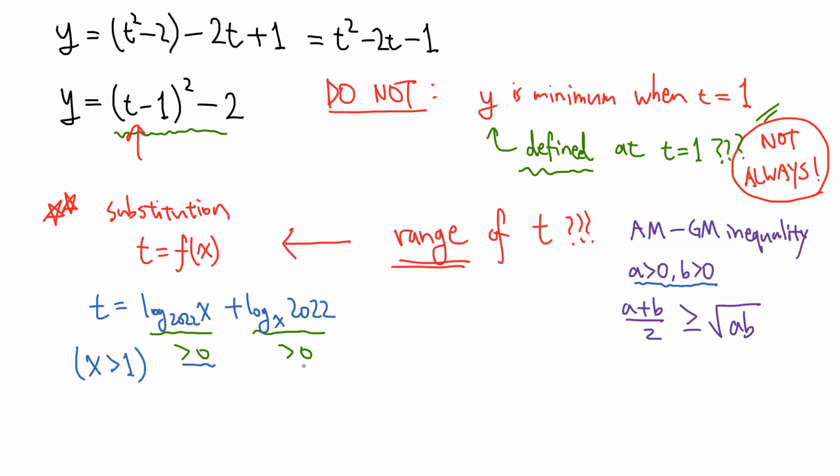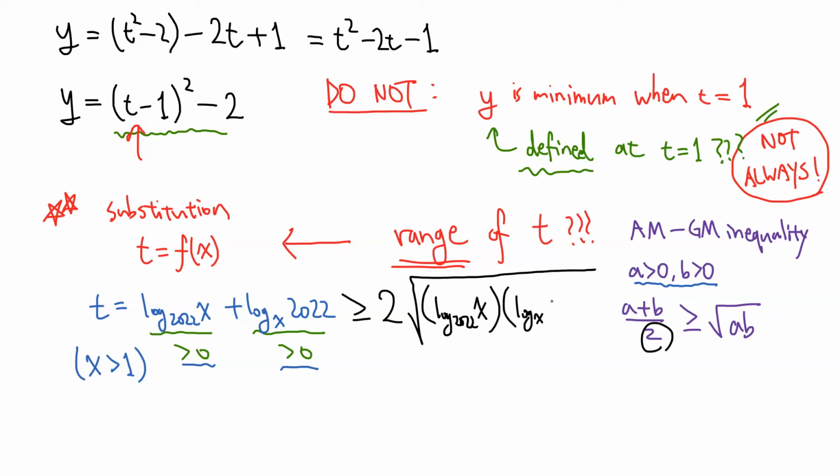Here we check that both terms are actually positive, so we can apply the inequality to obtain: this 2 must come out here, and we have 2 times the square root of log base 2022 of x times log base x of 2022. And like I said before, these two terms cancel out, so we simply have 2. So we have the range of t: t is equal to or greater than 2.